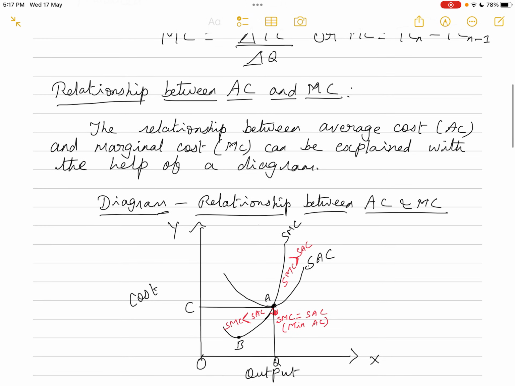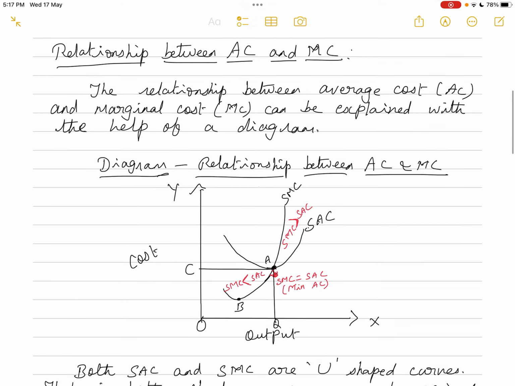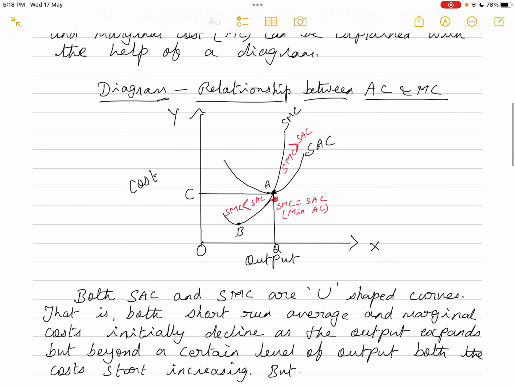Okay, now the main relationship between average cost and marginal cost, we can explain easily with the help of a diagram. That's the relationship between AC and MC. So you can see the diagram here, and if you know the shape of the cost curves, average cost and marginal cost, both SAC and SMC are U-shaped curves.